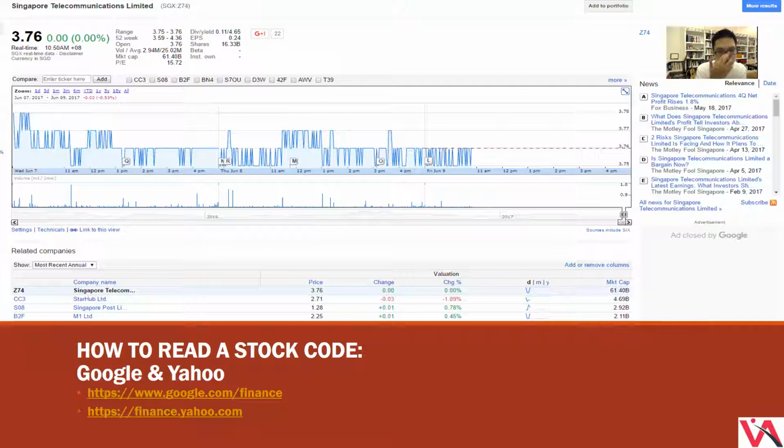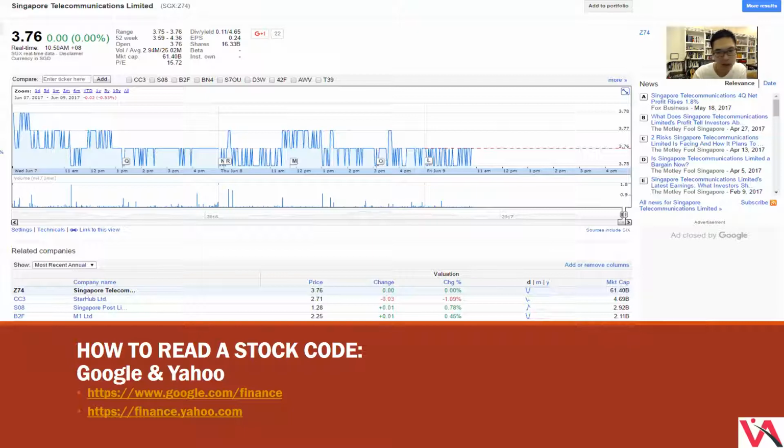Beta is a way that some people use to measure the volatility of a stock. I don't use it that often myself because the volatility of a stock doesn't mean much. We should really look at the fundamental business risk of the company rather than focusing on the stock volatility.